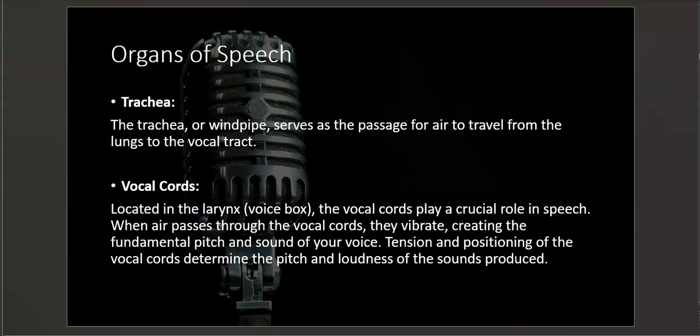Tension and positioning of the vocal cords determine the pitch and loudness of the sound produced. So the vocal cords are just the vibration that is created when air passes through them. It's the essential part of your speech.